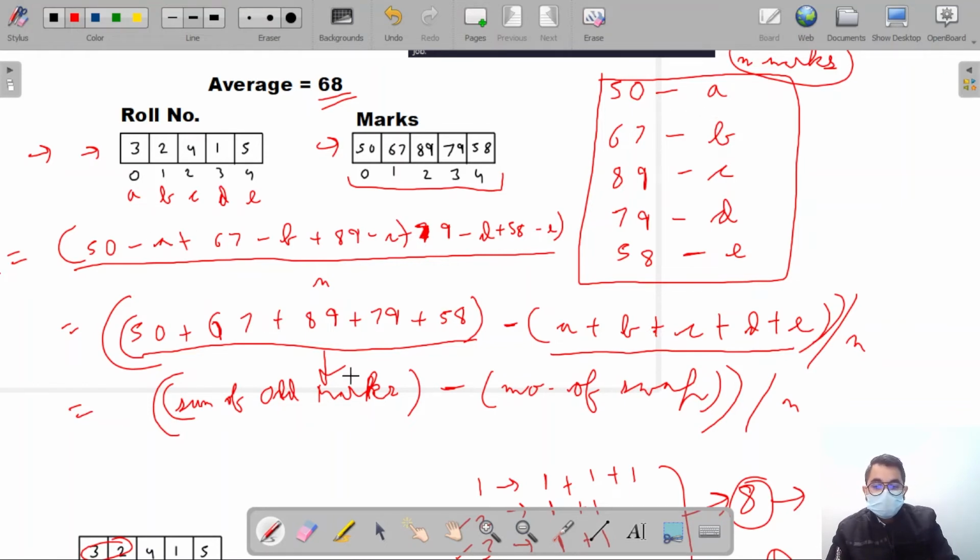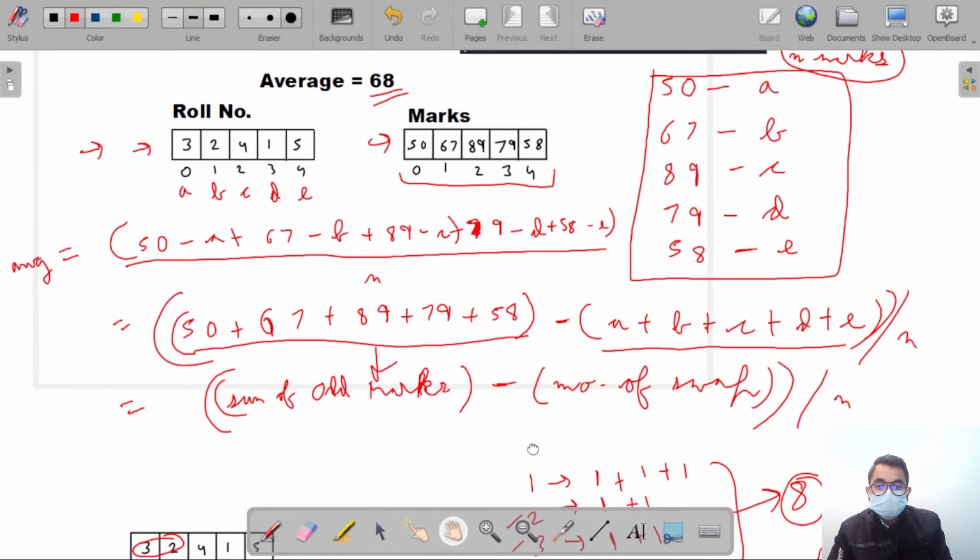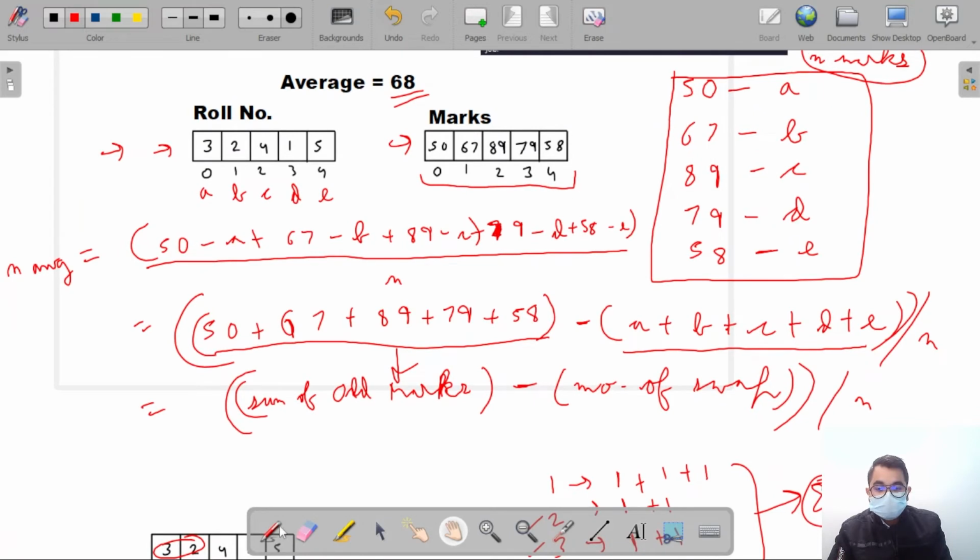Okay, so for this what we did was, first we calculated our new marks. How were we calculating the new marks? We were adding all the marks of the students, and then subtracting the number of swaps, because we are calculating the average, not the deduction of marks for each student.